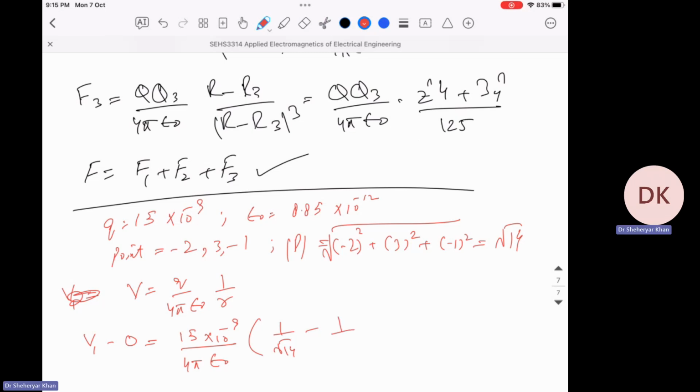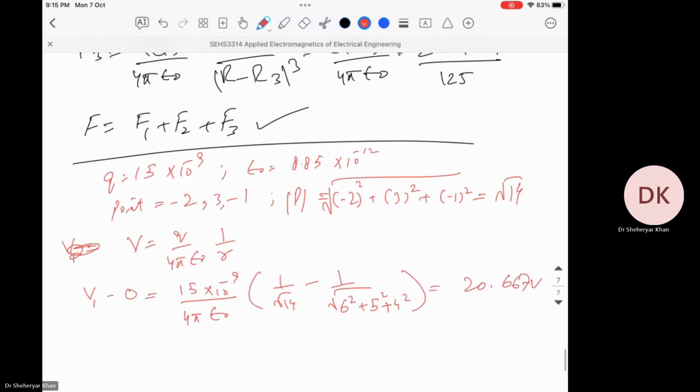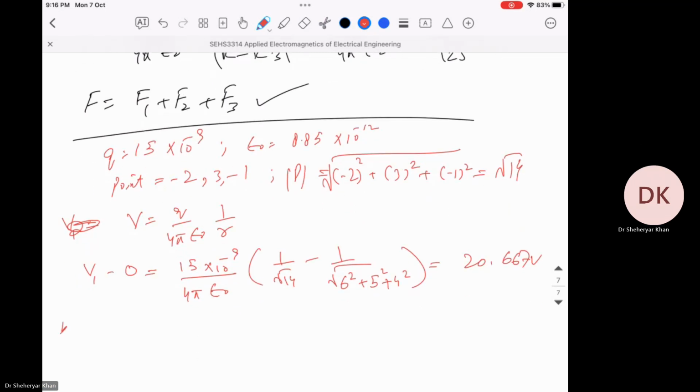What's the other point? The other point is 6 squared plus 5 squared plus 4 squared. The answer should be this for the B part. You see, now the voltage is zero at infinity.